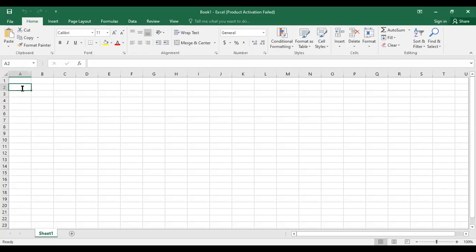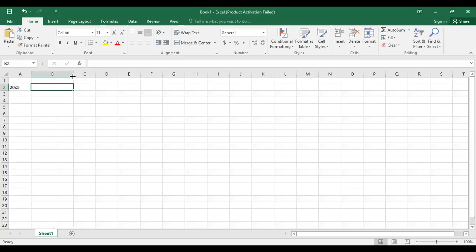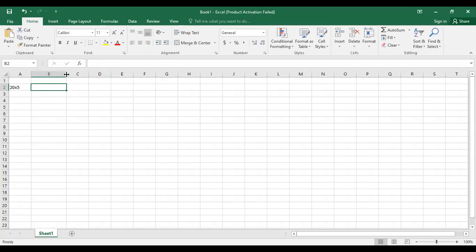So the year is 20x5. Then we have the column for the nominal or the initial. First the item, so this is the item.